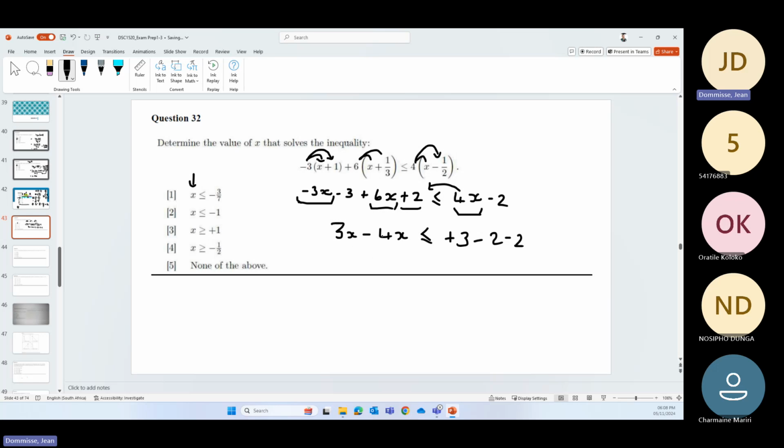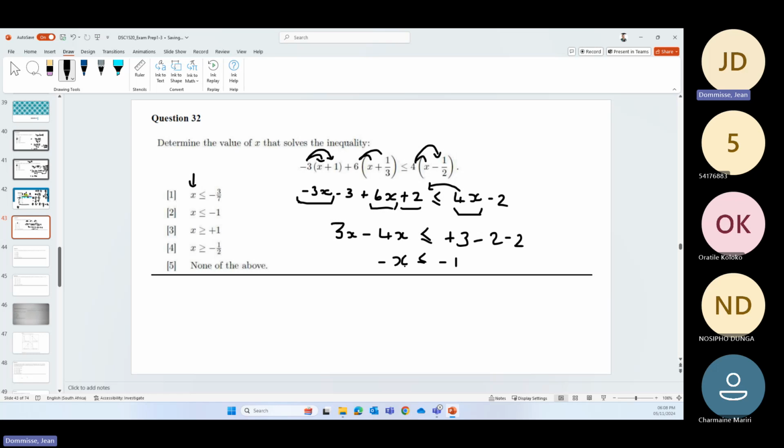So let's see, on the left-hand side, 3x minus 4x is minus x. And on the right-hand side, plus 3 minus 2 is minus 1. Okay, so minus x, smaller than, minus 1. So now we see nowhere do we have a minus.